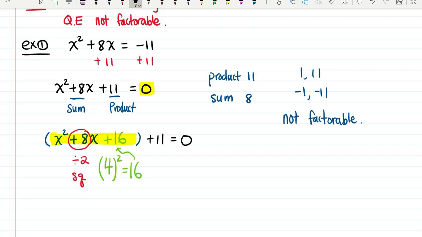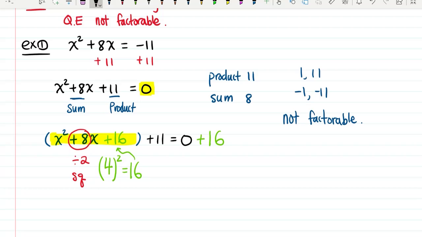The number 16 is something that we added to the original equation. To keep the same value, we have to do the same thing on the other side of the equation to keep it balanced. So we add 16 on the right side as well. Since we did the same thing on both sides, we did not change any value.